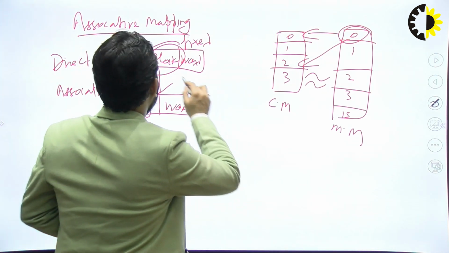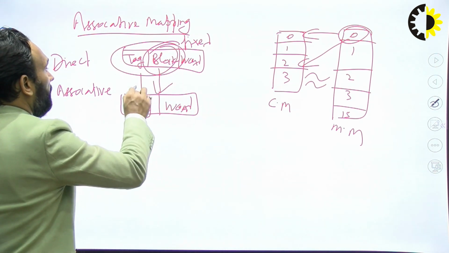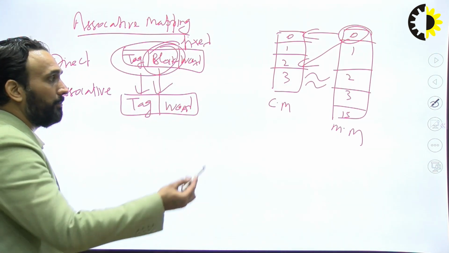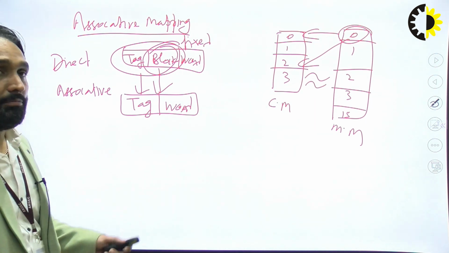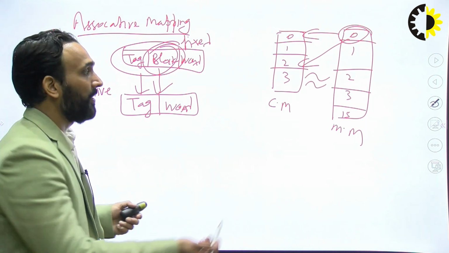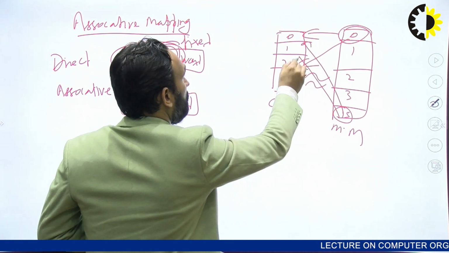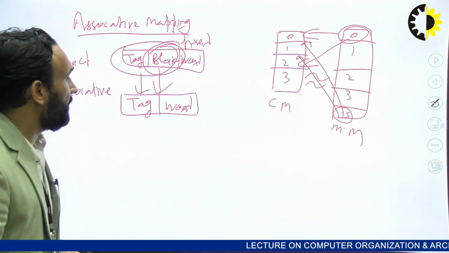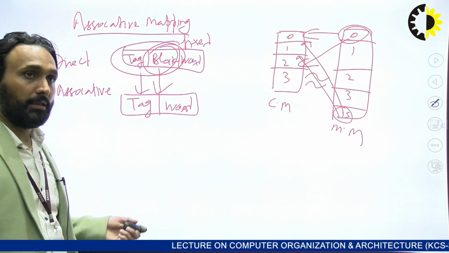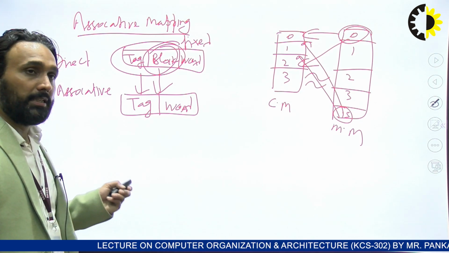So these two things will combinedly be known as tag, because we can place anywhere into a cache. Memory location is dynamic. We can put 15 into location 1 and we can put 15 into location 2 also. That's why it is known as the dynamic method, and direct mapping is known as the static method.